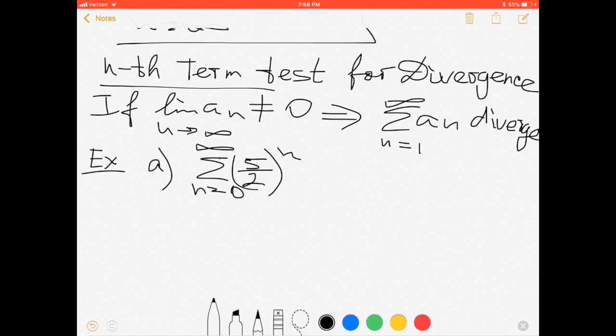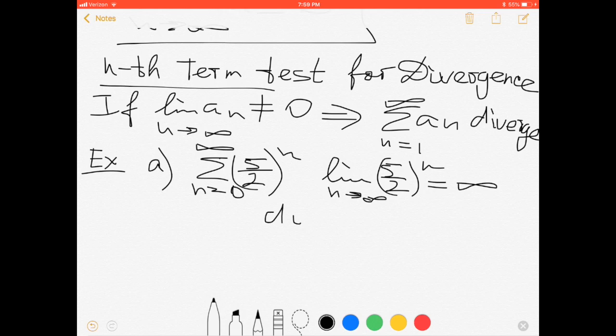Well, here you can say it's a geometric series, and we know the ratio here is 5 halves. This means the series diverges. But we can use this test: the limit of (5/2)^n as n approaches infinity. Because the base is greater than 1, if the power approaches infinity, here we have infinity, and the series diverges.